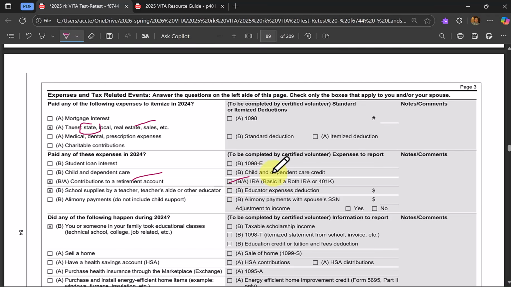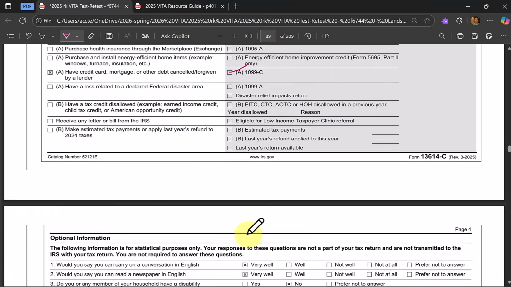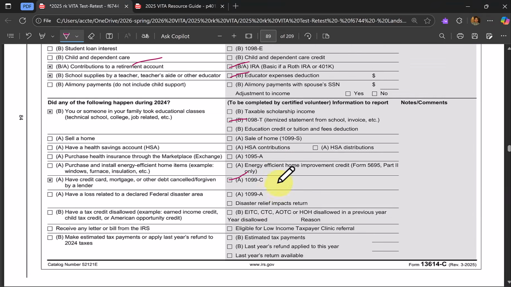I would ask him also if they have maybe an IRA account in addition to Martin's retirement account with his employer. Here's that amount we've already entered for Martin's expenses. This is talking about Abby, and we need to look at her 1098 form. Here's the 1099-C we've already entered. Okay, let's go work on that 1098-T.